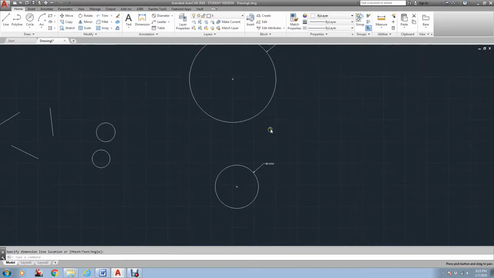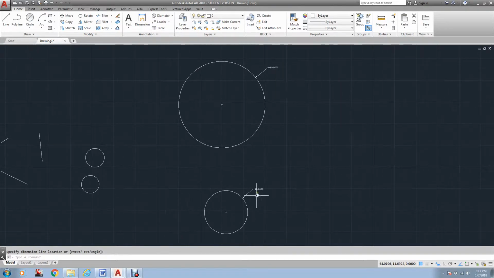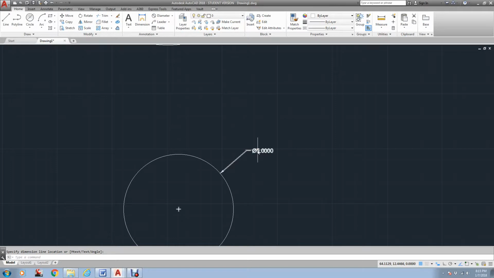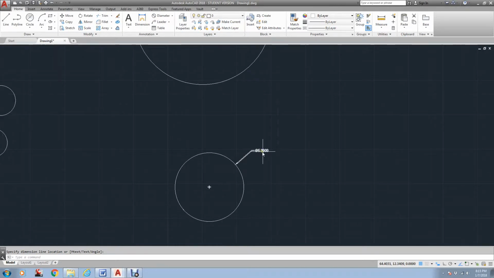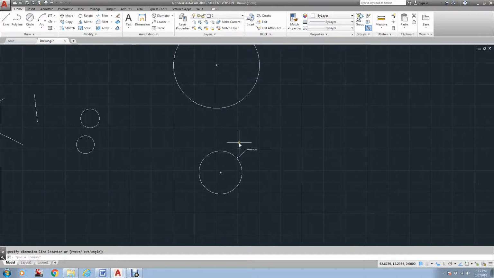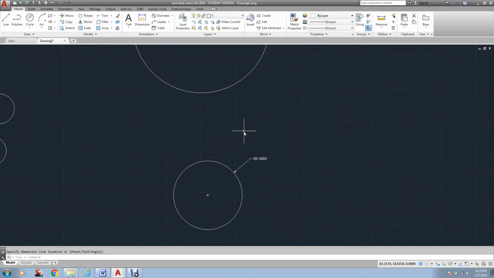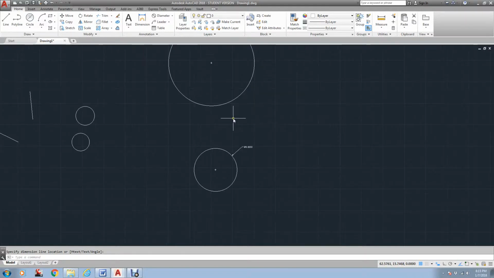But as you can see, this is a radius of 5 and this is a diameter of 5. Trust me when I say that's where a lot of you will be making mistakes, but that's okay. I want you to just pay attention when you're drawing, and not assume anything.